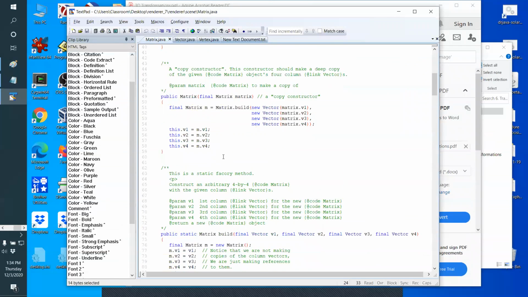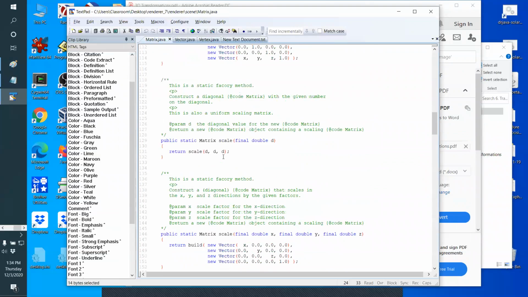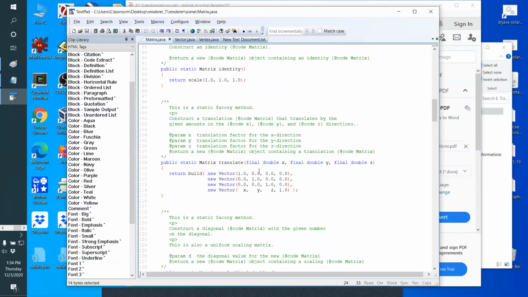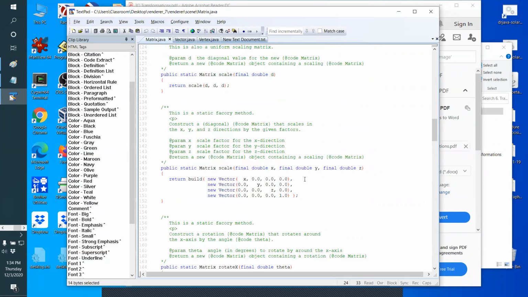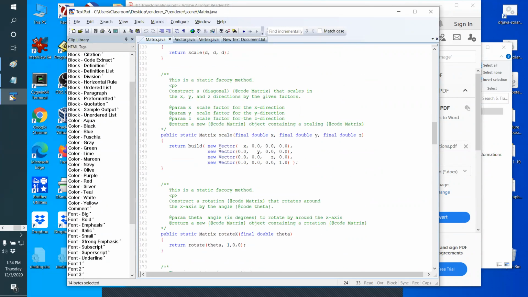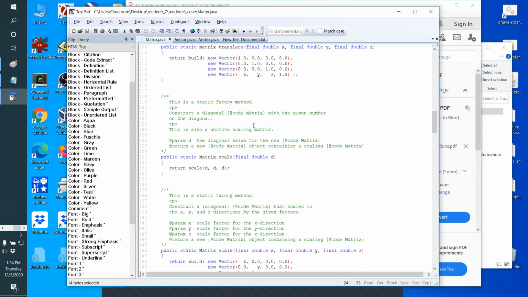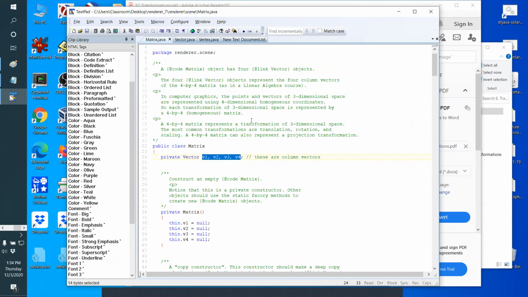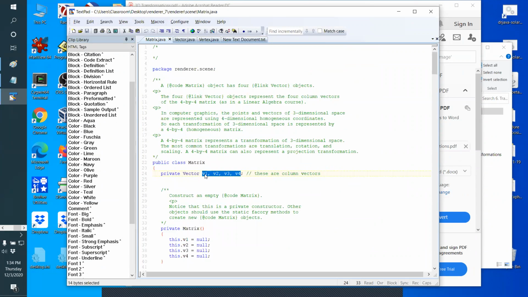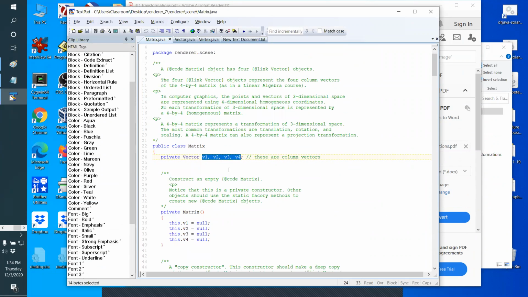So the code ends up being a little bit easier to write and to read. You can see the 16 numbers anyway, but the 16 numbers are in 4 column vectors. Some people write this matrix class as made up of 16 numbers, and some write it as made up of 4 vectors. I chose to make it 4 vectors.